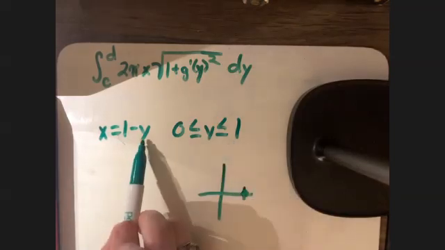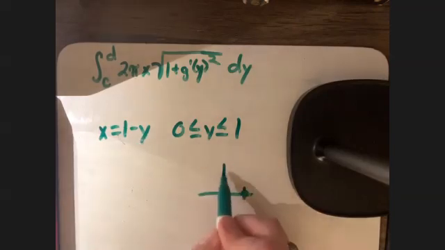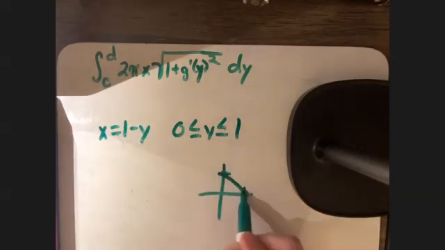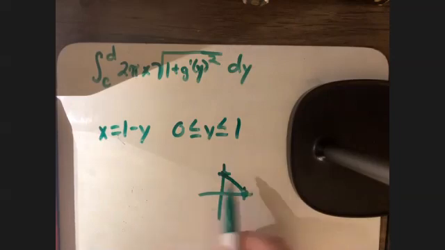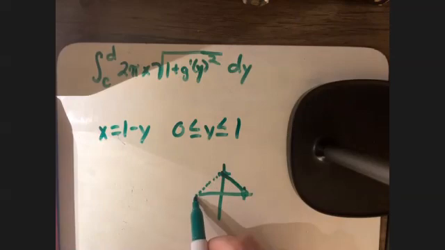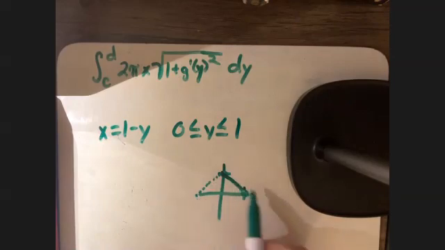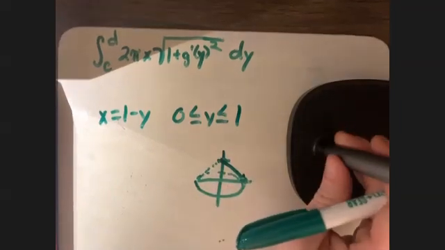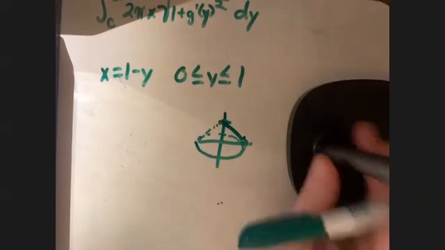If I plug in 1, I get 0. So we have this line segment, we're spinning it around the y-axis, so this is going to make a lovely, wonderful cone shape. So we want to do the surface area of this.